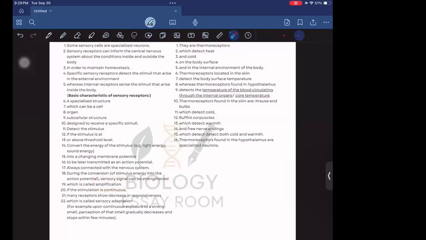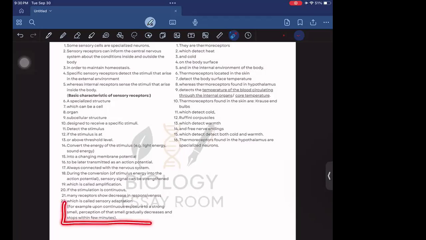Okay, so if the stimulation is continuous, that is the sixth basic characteristic, which is about sensory adaptation. If the stimulation is continuous, many receptors show decrease in responsiveness, and this is called sensory adaptation. So, when I'm reading, please correct in the meanwhile, okay?